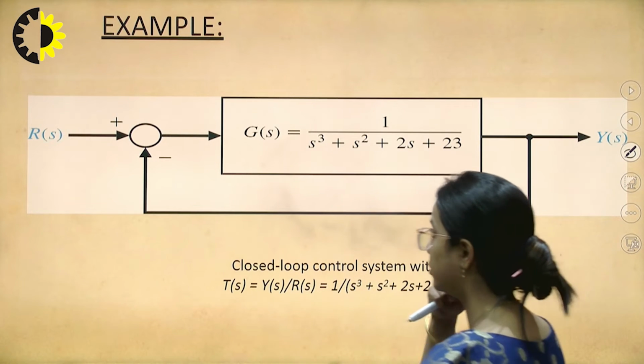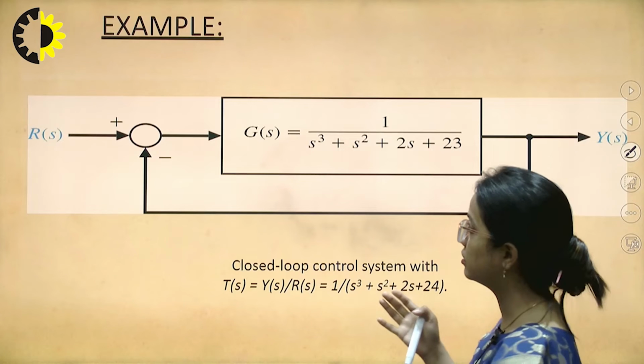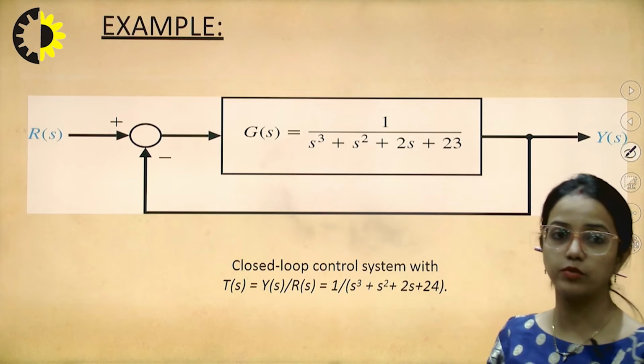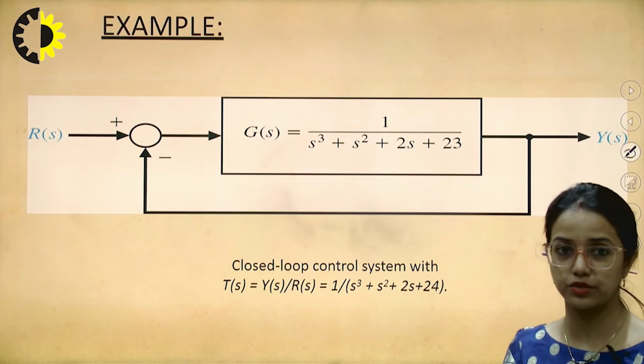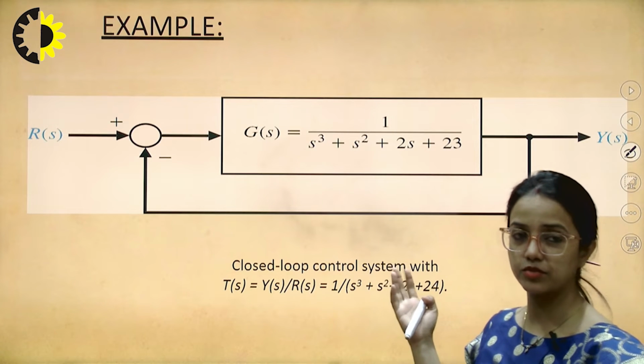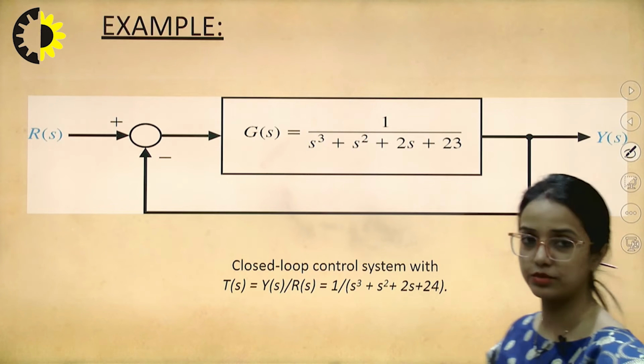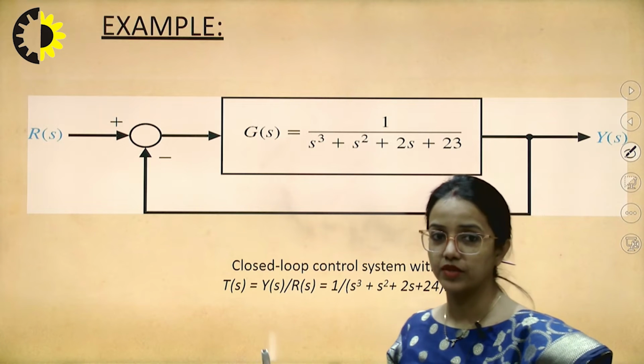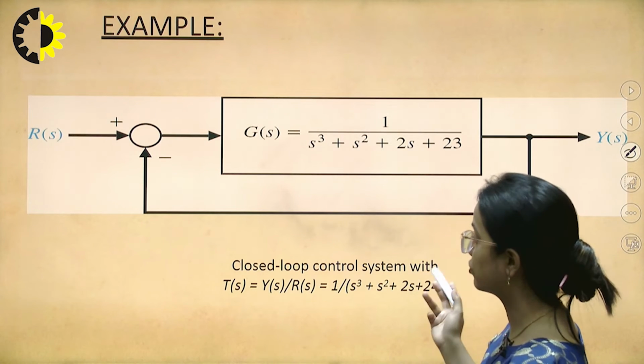Next, we have a given example. Here, G(s) is equal to 1 upon s cube plus s square plus 2s plus 23. And then we have connected the same system to a unity gain negative feedback system, and then we have to find the overall transfer function.